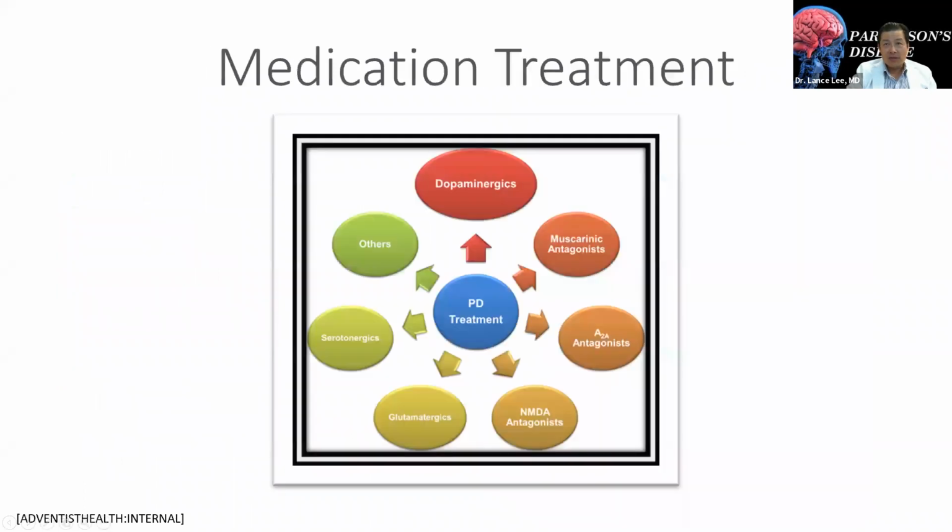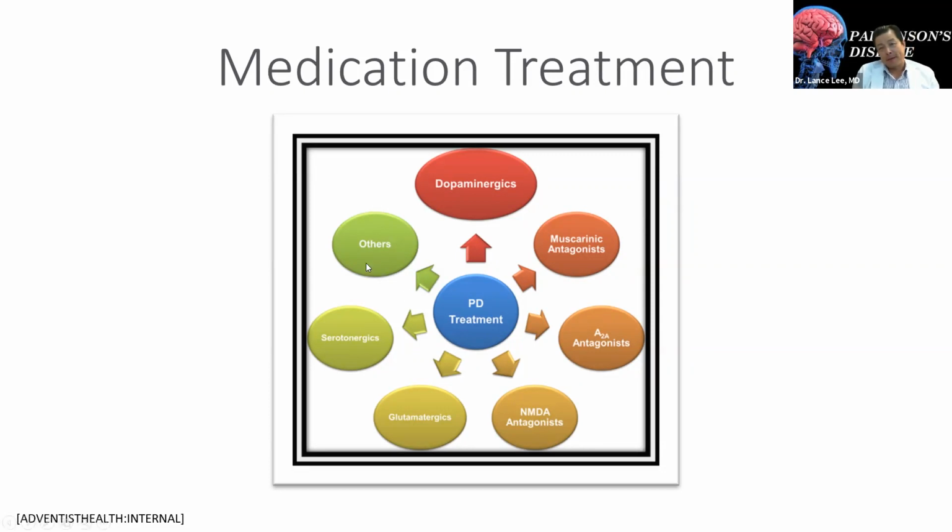Let's go to the next one. So what I'm trying to say here is the main treatment is dopaminergic therapy, but all those minor players are the rest, okay? And those are the adjunct treatment for the Parkinson's patients. But I also want you to pay attention to the others here.